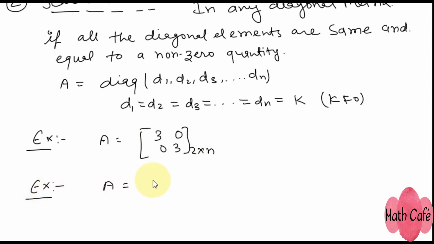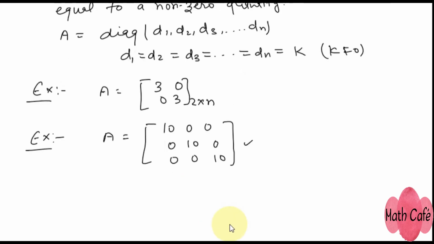If any matrix A is represented by 10 0 0, 0 10 0, 0 0 10, as we can see that this is a diagonal matrix because except for the diagonal elements, all the non-diagonal elements are 0. This is a special type of diagonal matrix which will be called scalar matrix because all the diagonal elements are same. All right, hope you understand this.